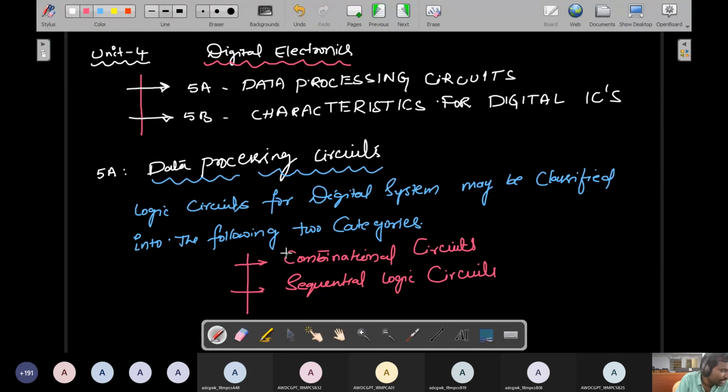Please note everybody. Right now we're discussing what combinational circuits are. I'll move to another page.